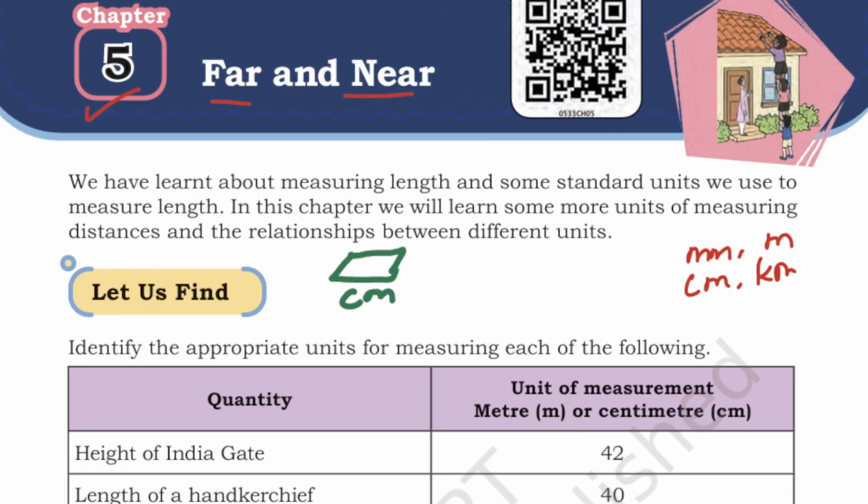But if you are seeing a very tiny object, for example an ant, that is measured using millimeter because it is very small. For things a little bigger than your centimeter scale, you will be using meter. And if you have a long distance, maybe from your school to home or your school to temple, or you're going for any travel, that will be measured in kilometers.